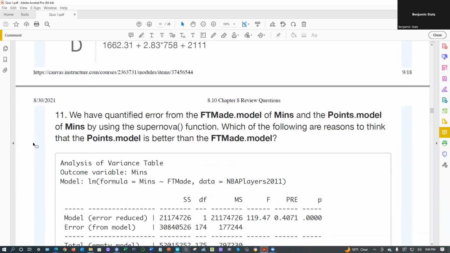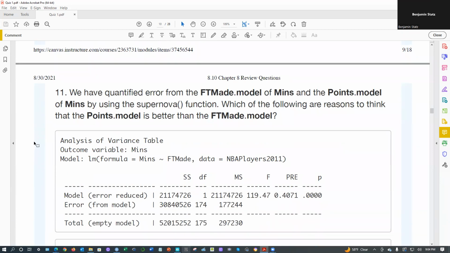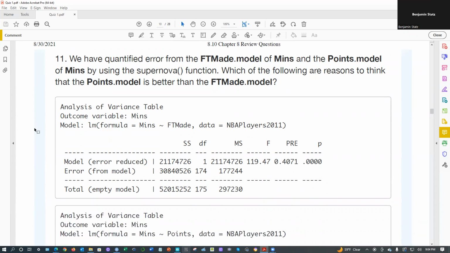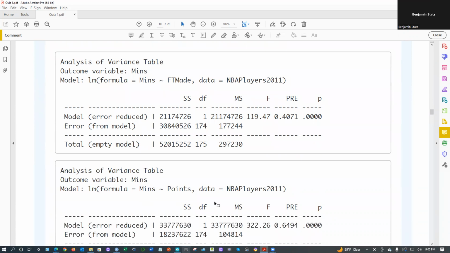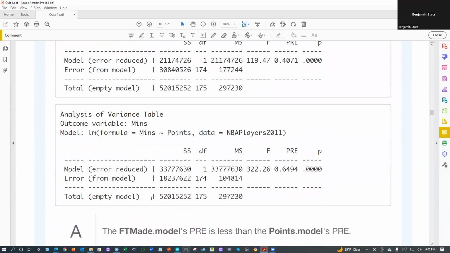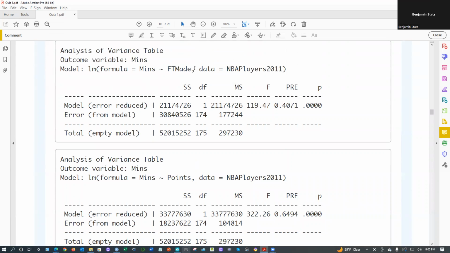We have quantified error from the FT-made model of minutes and the points model of minutes by using the supernova function. Which of the following are reasons to think that the points model is better than the FT model? The empty model doesn't matter. Regardless, the empty model would have the same thing, because it is based on the number of minutes they played. Minutes versus points, minutes versus FT made.